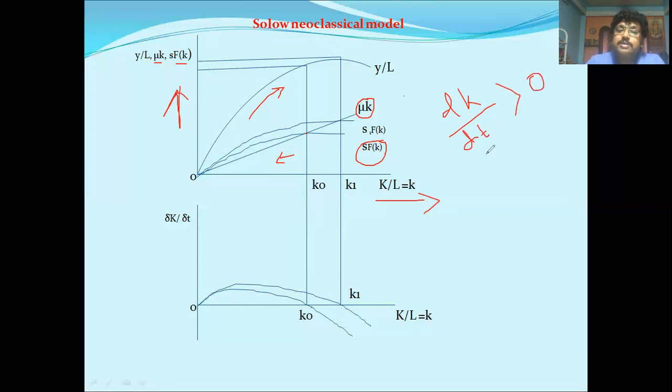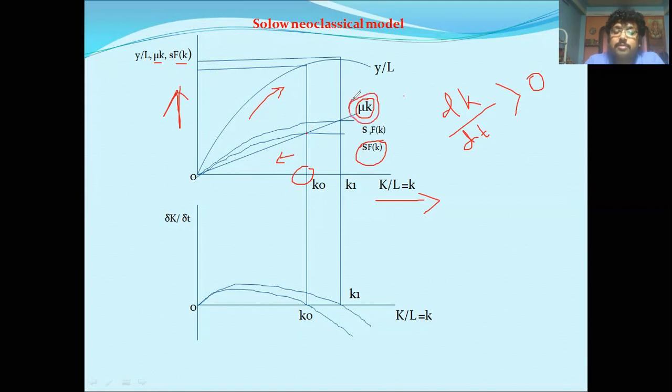As dk by dt is greater than 0, it will come to the point k0, because savings per head is greater than the capital accumulation per head.